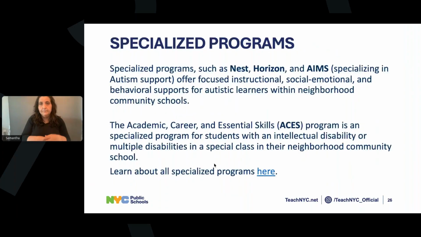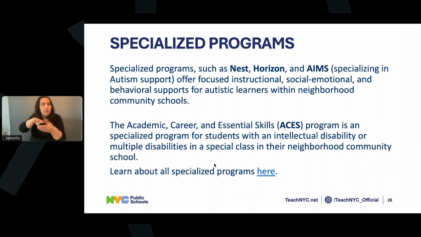Our specialized programs, again, such as NEST, Horizon, and AIMS, are specialized in autism support, and they have really focused instructional, social, emotional, and behavioral supports for our autistic learners. And these are programs available in neighborhood community schools. So District 75 also has students with autism enrolled, but these are programs in community schools in districts 1 through 32.